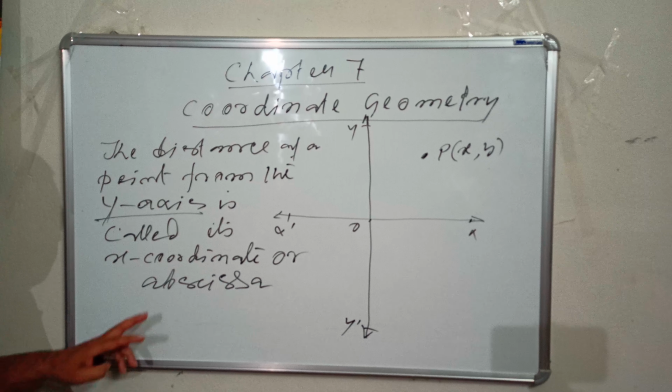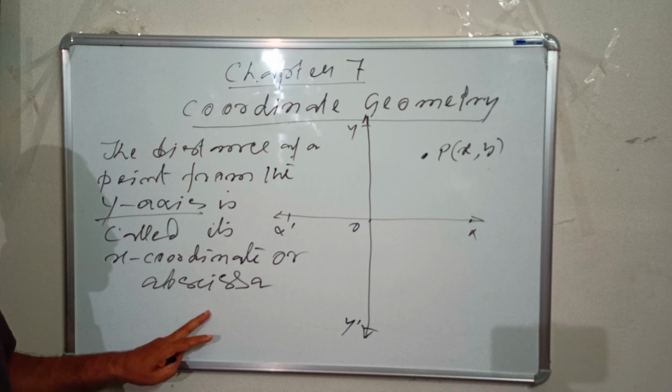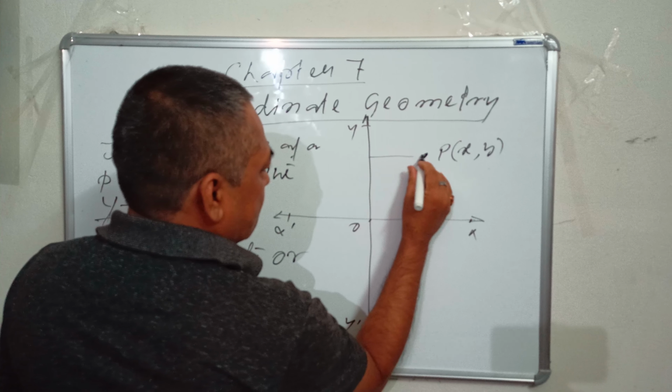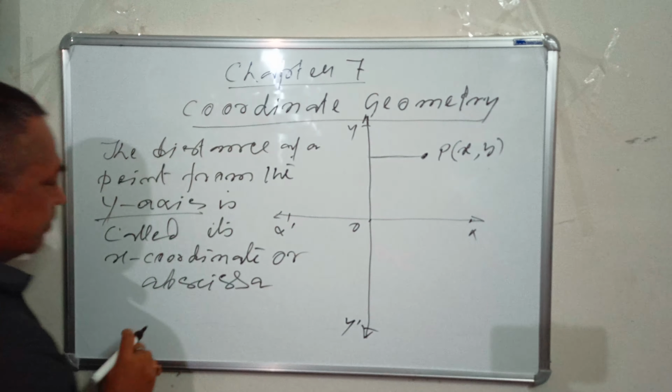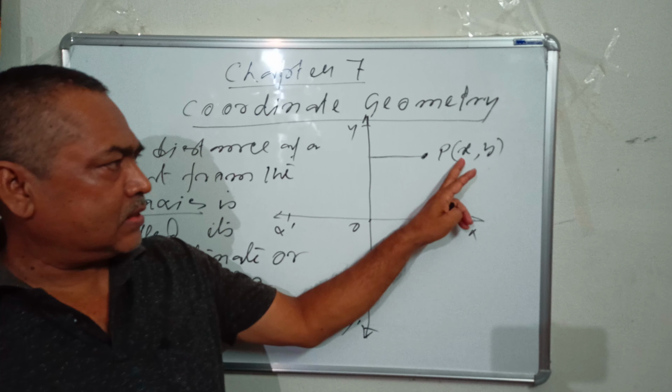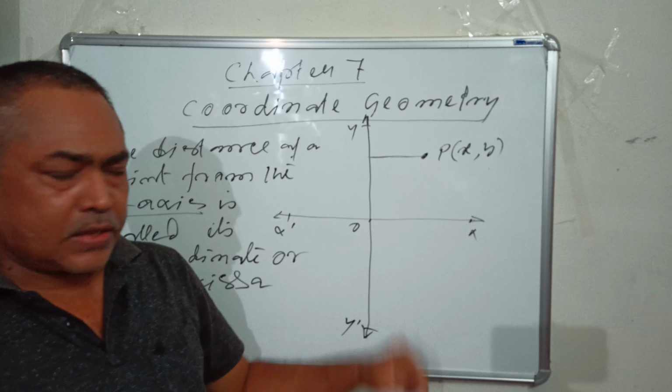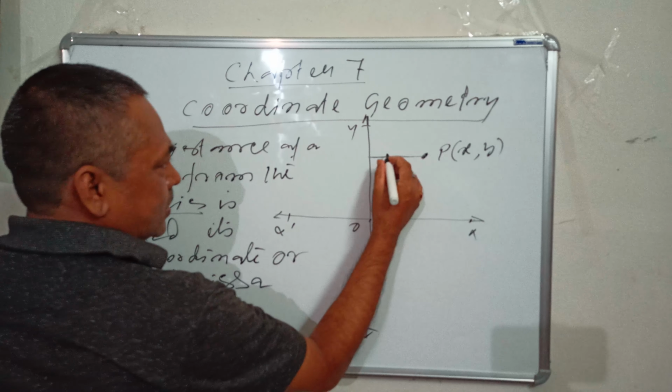It's called x coordinate or abscissa. So this distance is x from the y-axis.